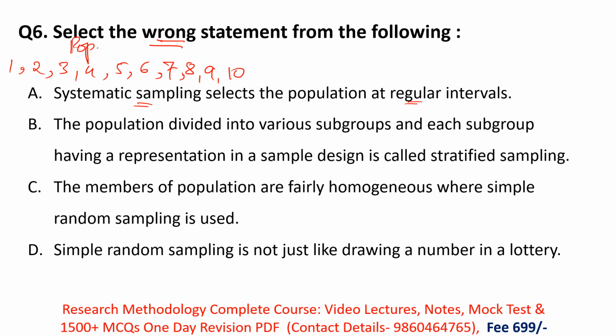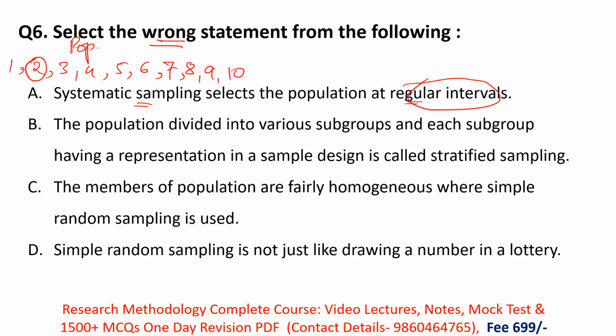In systematic sampling, researchers first decide which member from the population is going to be my sample. Suppose I decide that I will choose the second member for my sample. Then the second point in systematic sampling is that researchers select their samples at regular intervals.